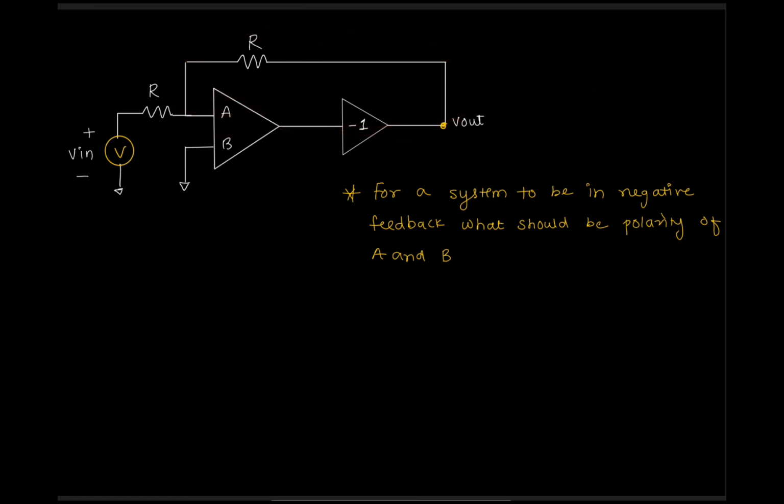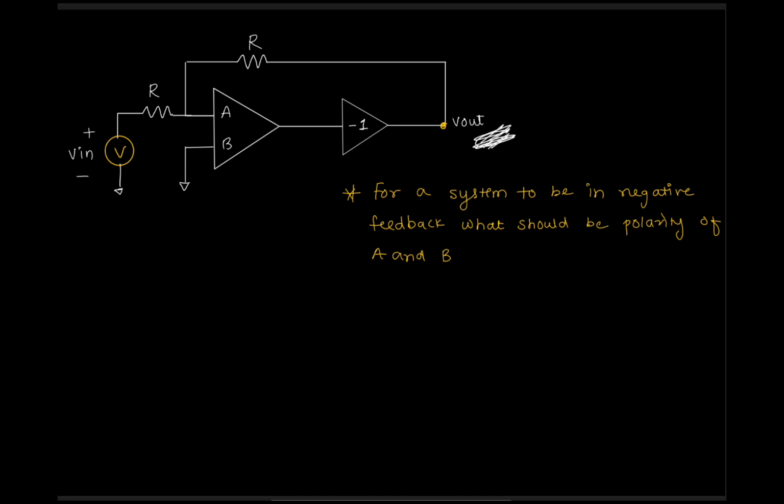This is not correct. So I will just tell you how to tell which feedback the system is, so that if you encounter this type of question, you would be able to solve it. Okay, so let's see. This is the V out.